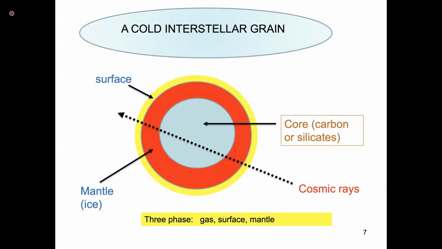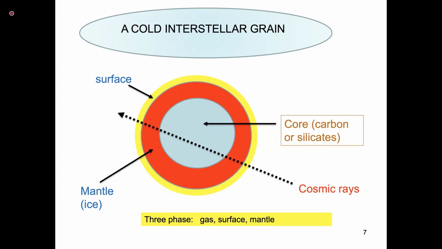All right, the next phase outward is called a mantle, and in cold clouds, these mantles are composed of ice. Water ice is very important. Carbon dioxide and other types of carbon ices are also important, as are bigger molecules stuck in this mantle. And finally, on the outside, there is a surface.